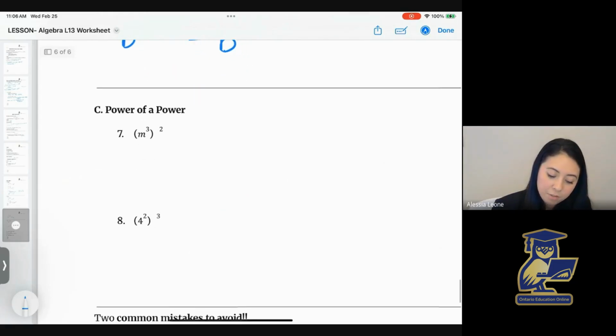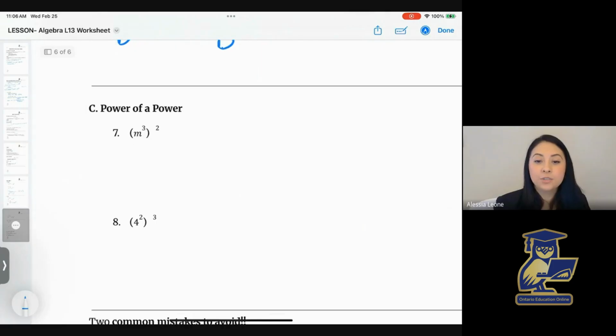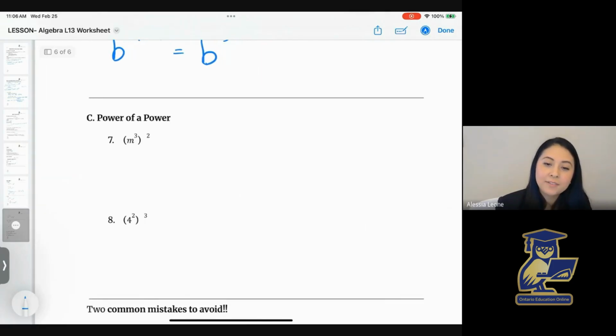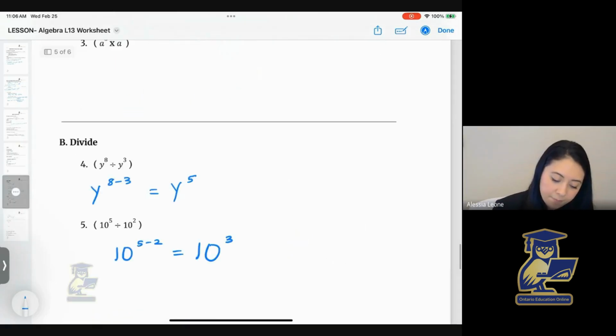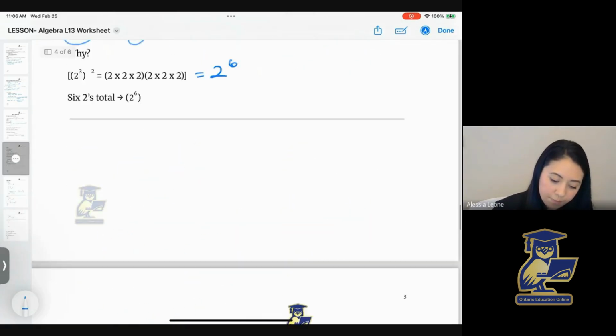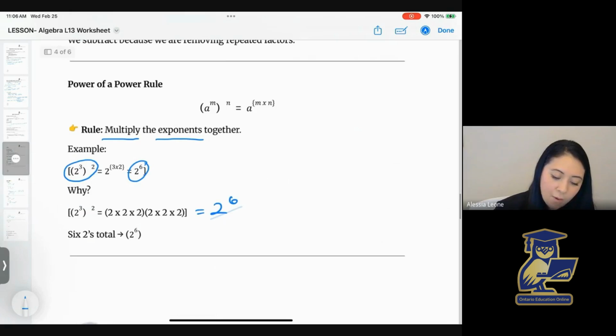Power of a power. So now remember, our next rule is when you see this kind of setup, what do we do? Let's look back. What was our rule? Power of a power rule. We are multiplying the exponents. Multiplying.